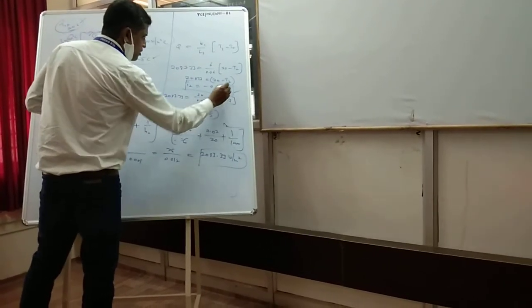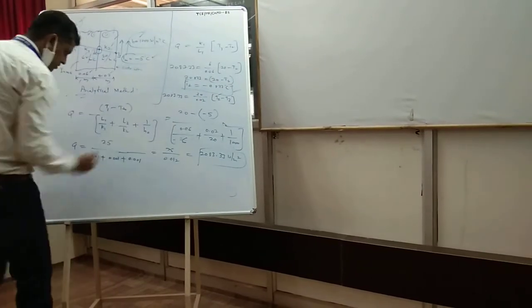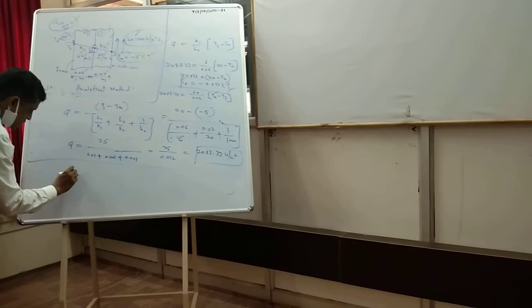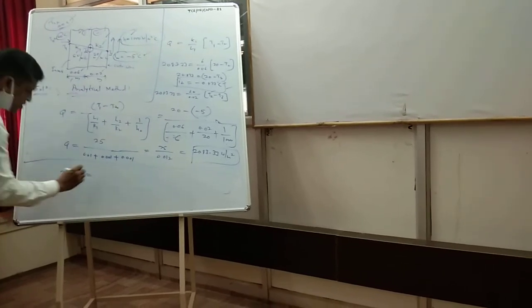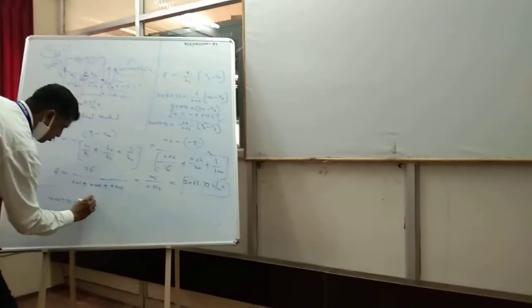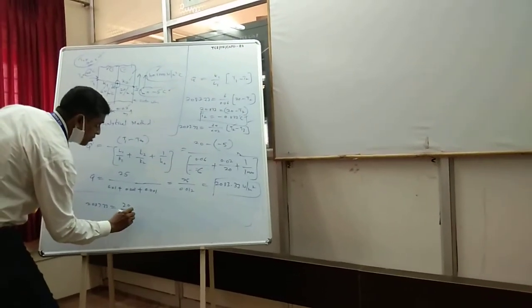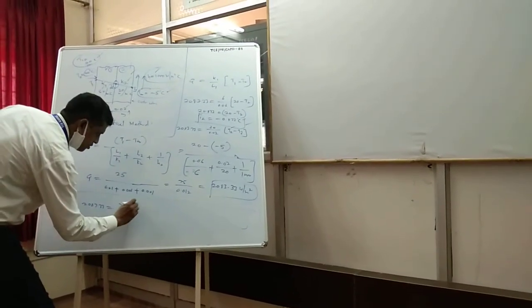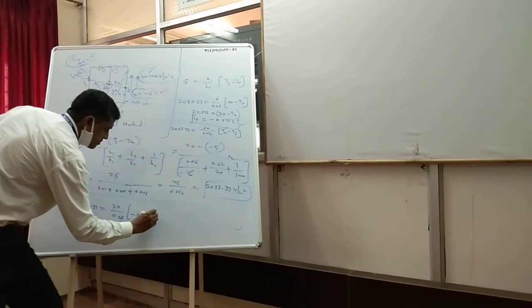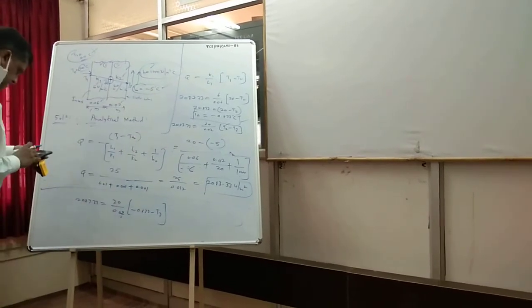You substitute for T2, already calculated here. Therefore 2083.33 is equal to 20 by 0.02 into T2, minus 0.833, minus T3.